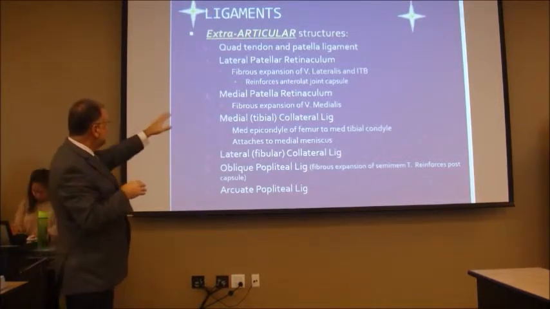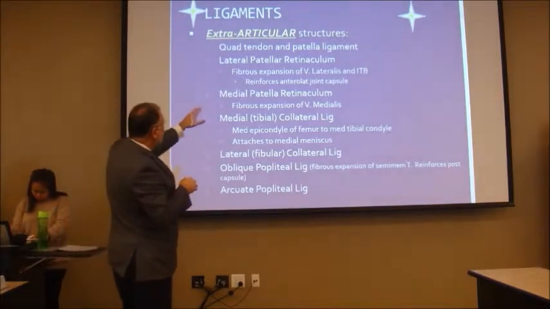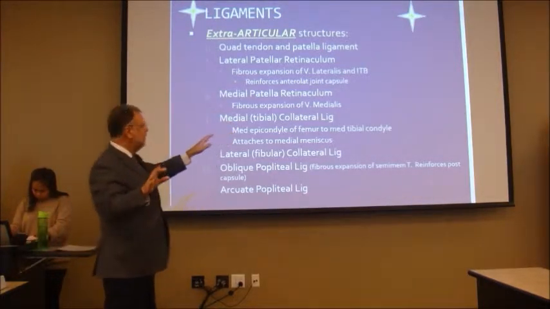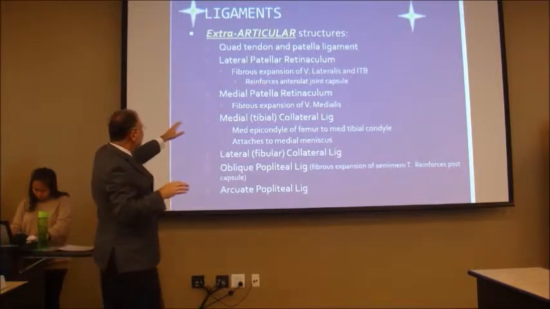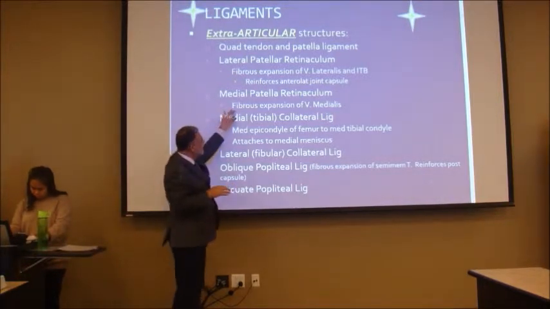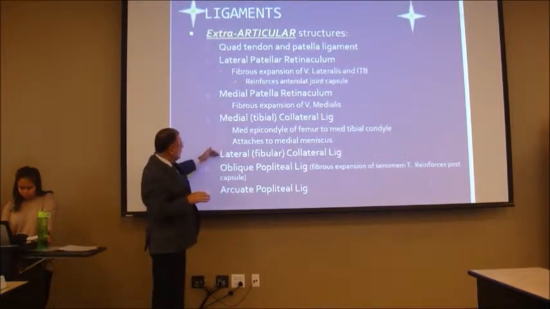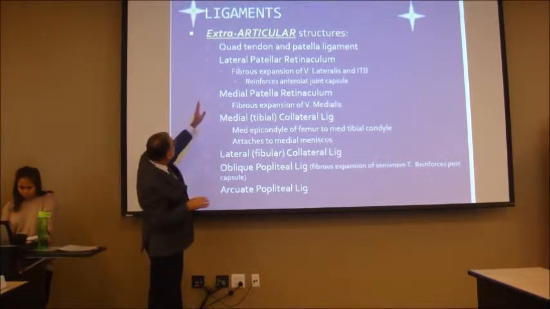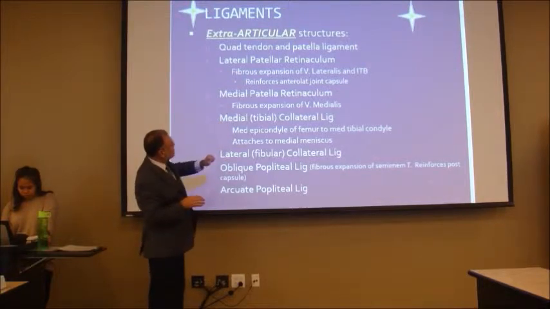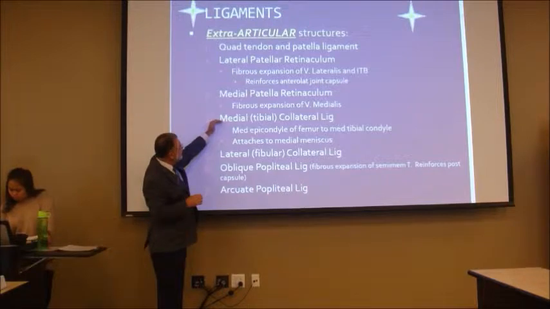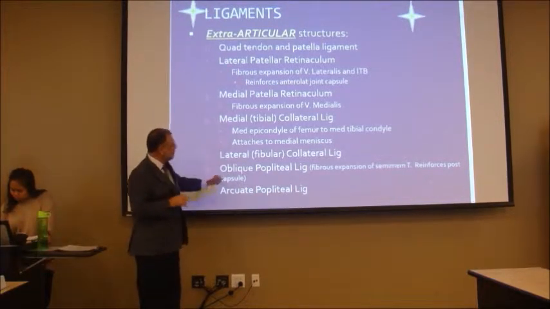So there are fibrous expansions, and this is reinforcement of this structure. The medial patellar retinaculum is from the vastus medialis, and the lateral retinaculum is from the vastus lateralis and ITB. The other important things are the medial collateral ligament and the lateral collateral ligament.